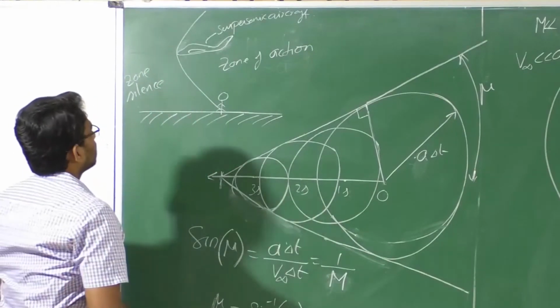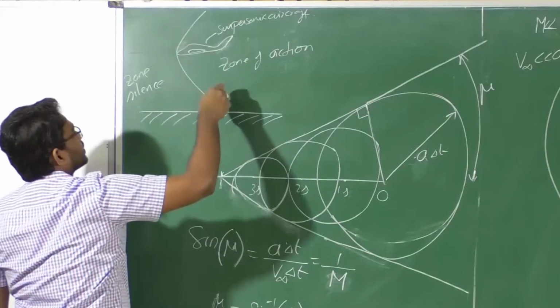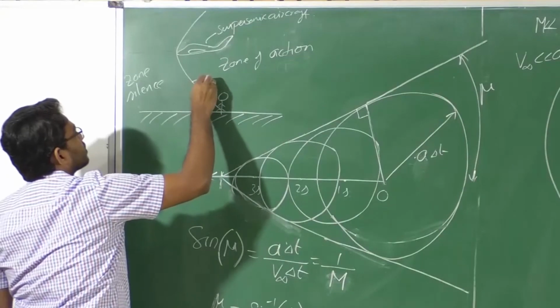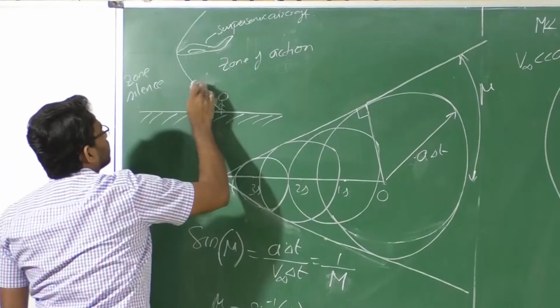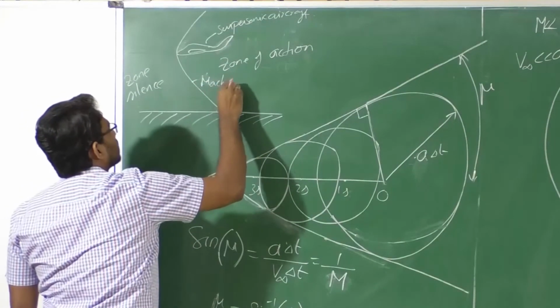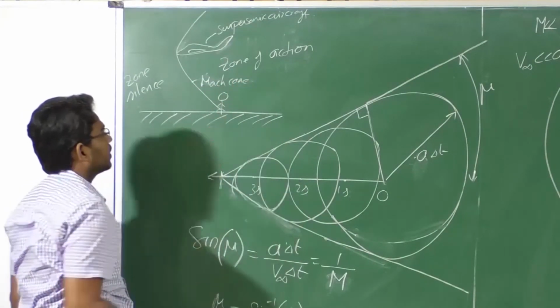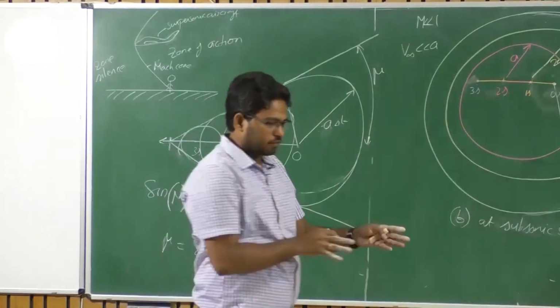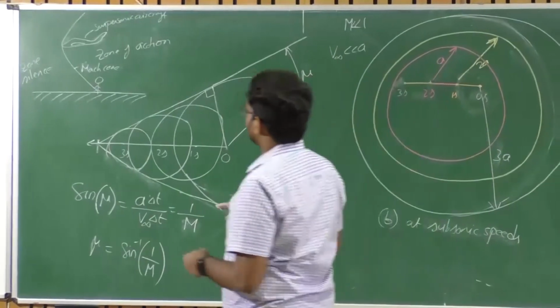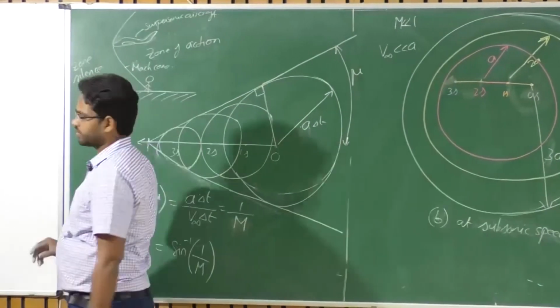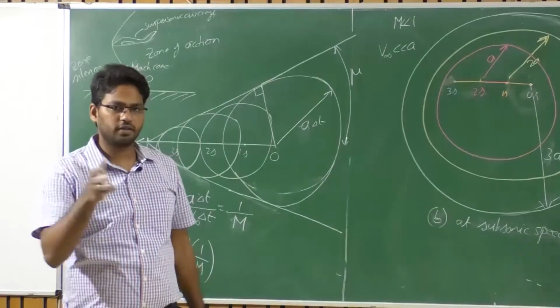So whomsoever is inside that Mach cone will be able to feel the disturbance, but all the fluid elements ahead of this Mach cone will remain in the silent zone.